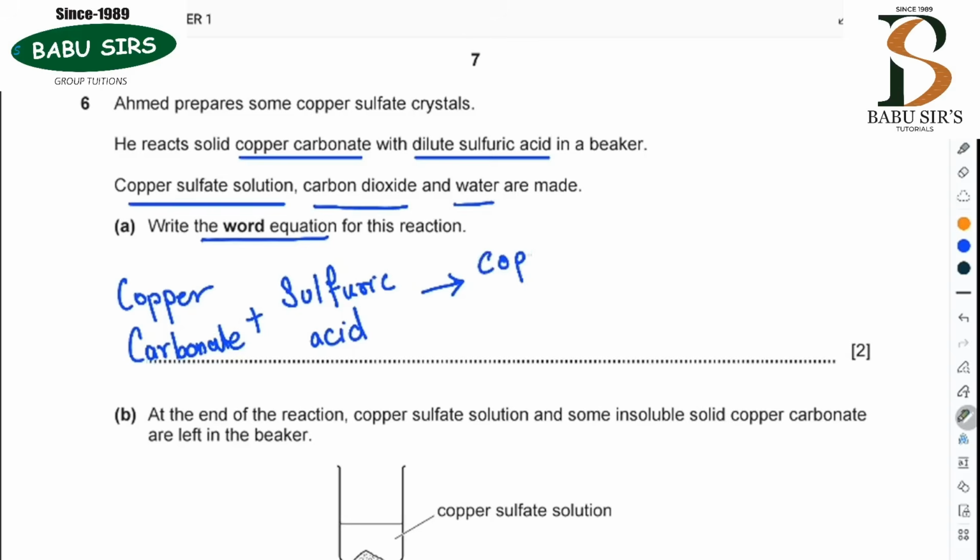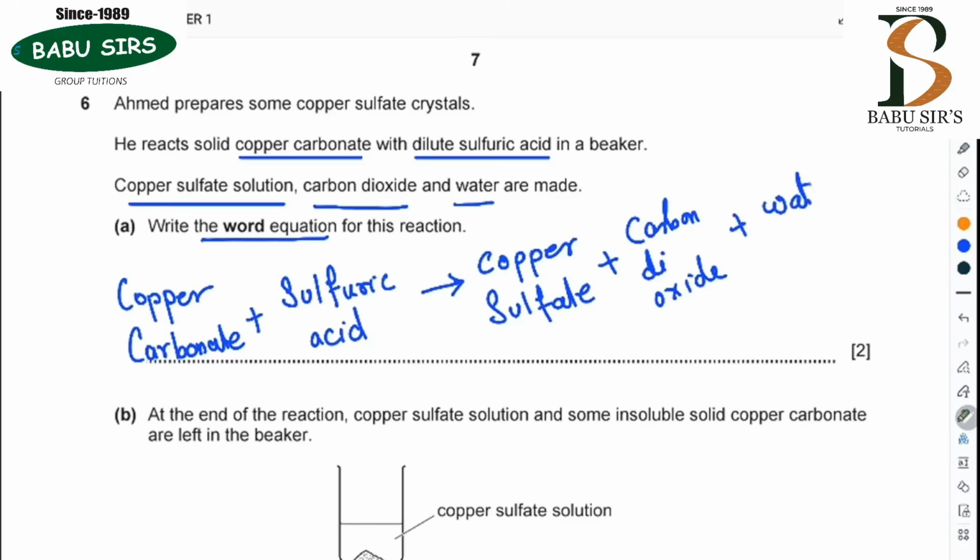Copper sulfate plus carbon dioxide and water. So this is the word equation.